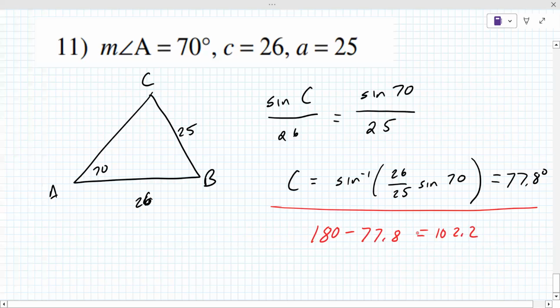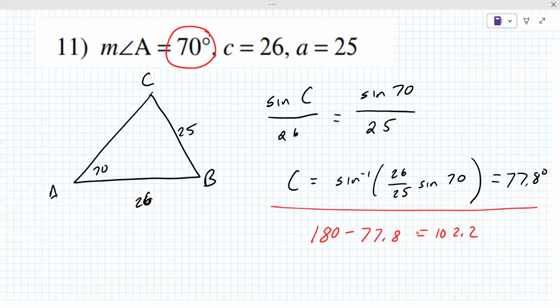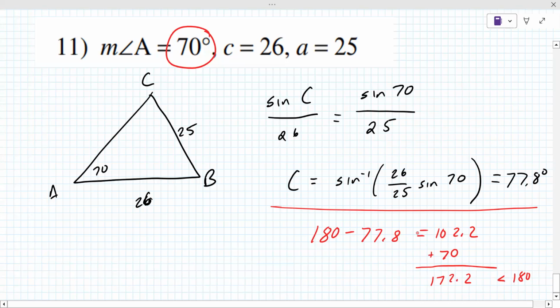Yes. And what you're wondering is if you use the aforementioned 70 and add it to that, is there still room for another angle? Basically, is this less than 180? Yes. So this is the scenario where you get two triangles.